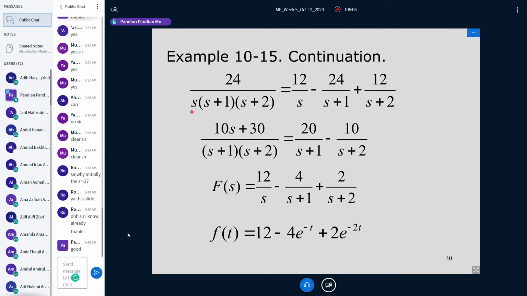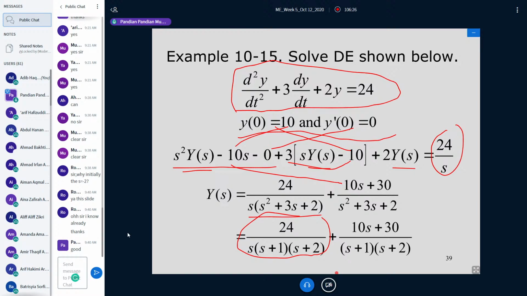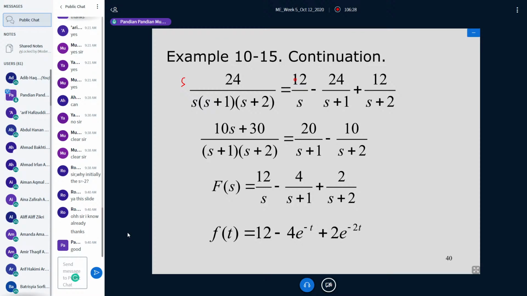To find A, I set s to 0. Then 1 multiply 2, 2. 24 divided by 2, 12.